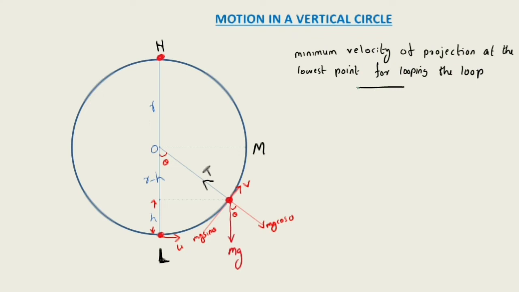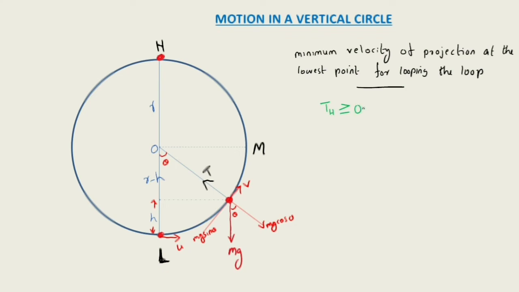To derive that relation, imagine the object has reached the top, the point H. When the object reaches point H, the condition for looping the loop is that the tension at the highest point in the string must be greater than or at least equal to 0.